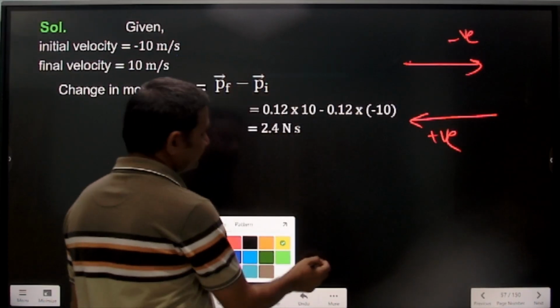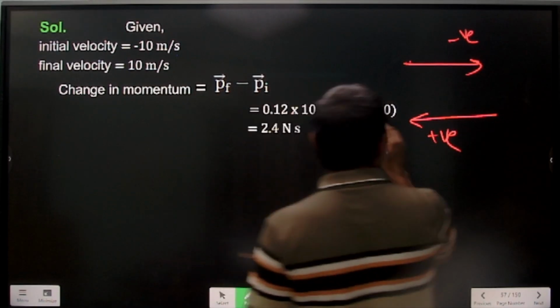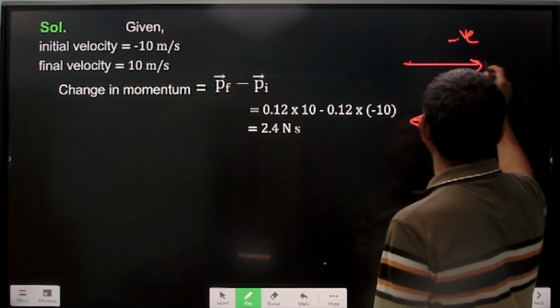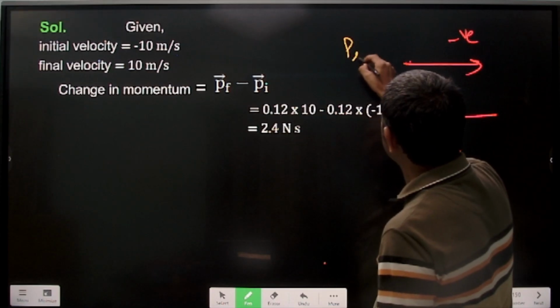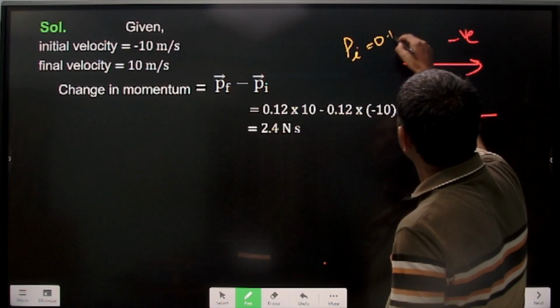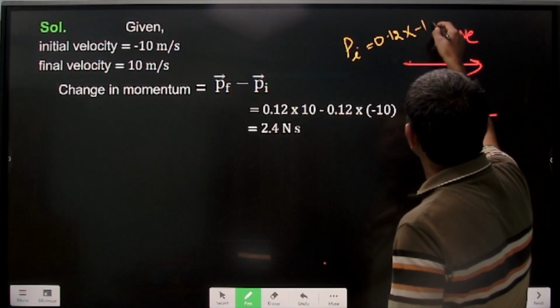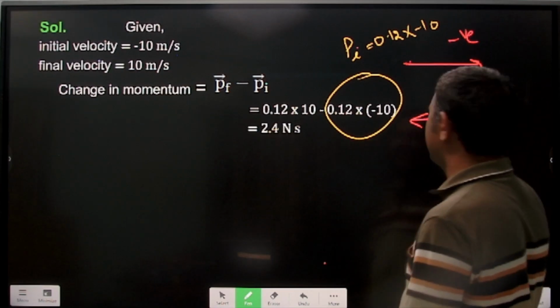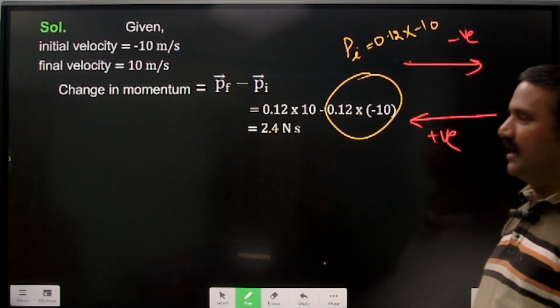So the initial momentum is equal to the mass 0.12 times the velocity minus 10. This is the initial momentum and this is the final momentum, because we assume the left side as positive.